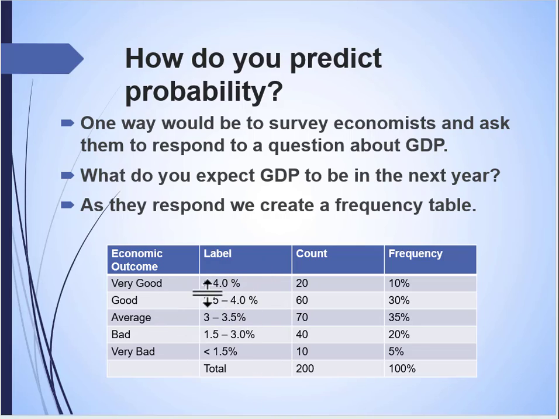So we're going to say, look, if they say that the GDP is greater than 4, they're saying they expect a very good economy. Now, we received our surveys and 20 people said that. So of all the people that returned this, of all 200, that's 10%. So this over here now is our probability that these economic events are going to occur.